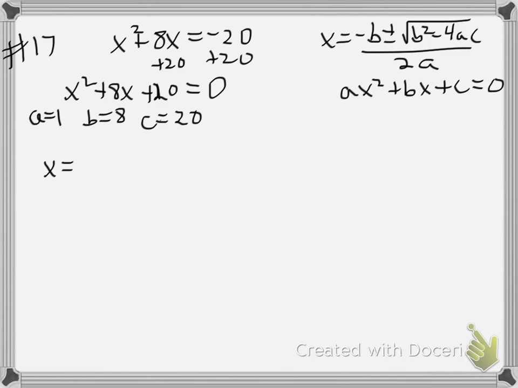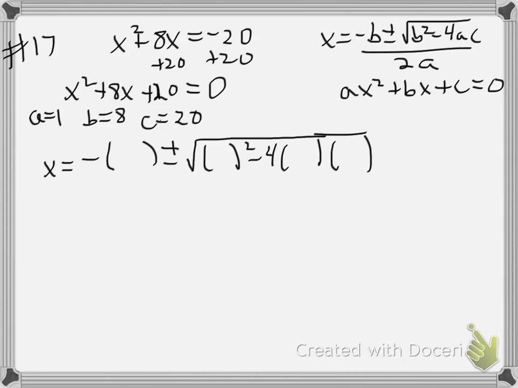So x equals negative. Now I'm going to kill all the variables and I'll put the parentheses in so I don't worry about double negatives. So I'm going to put those numbers in. A is 1 and 1, B is 8 and 8, and C is 20.